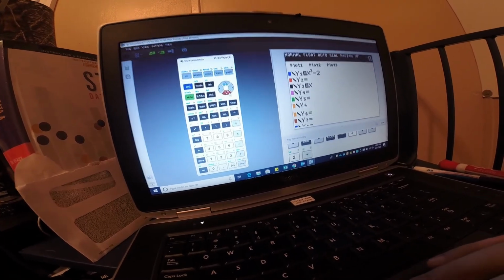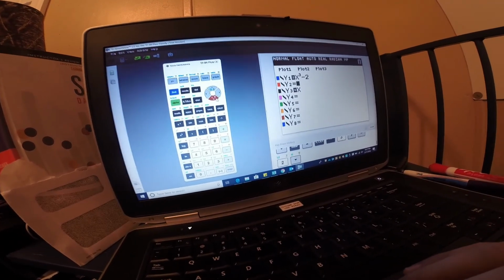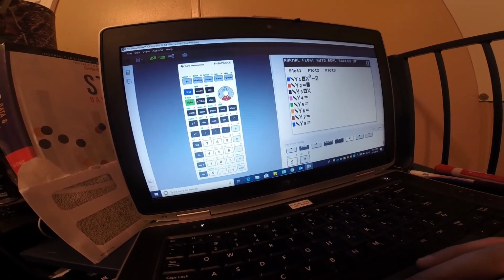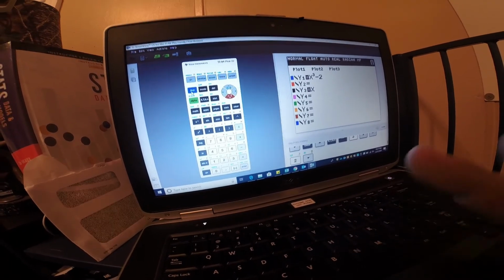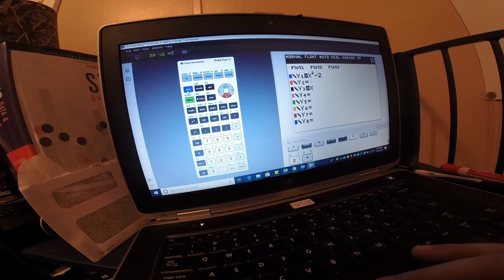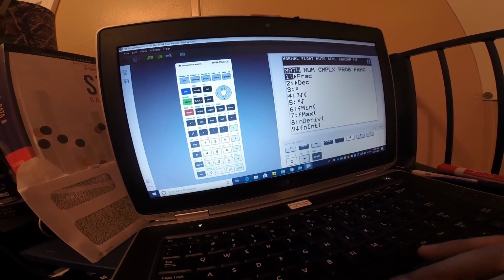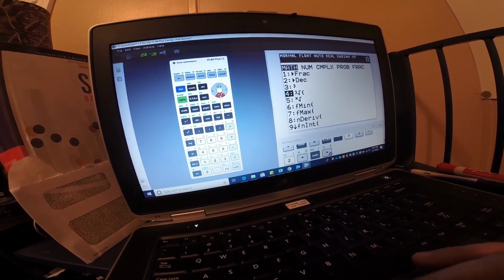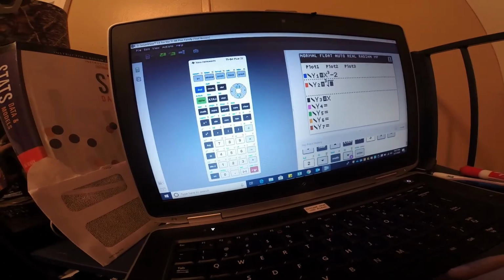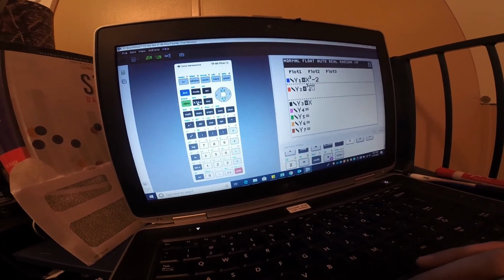Our second one here was the cube root of x plus 2. If you don't remember where the cube root's at, hit the math button. It's number 4. Cube root of x plus 2.